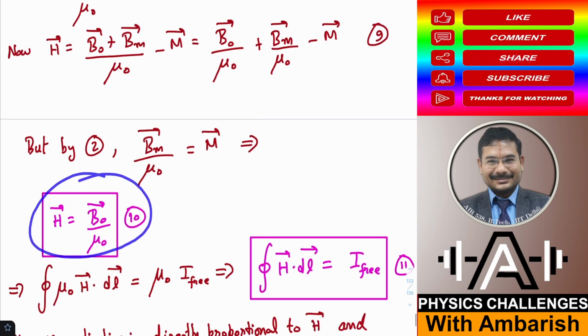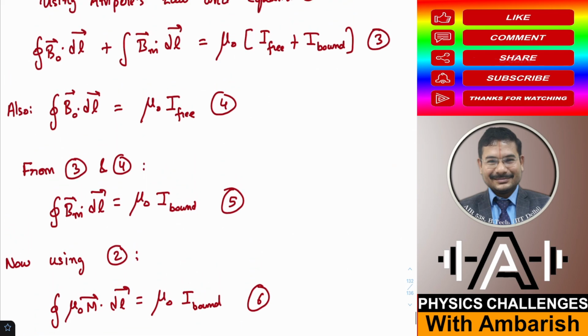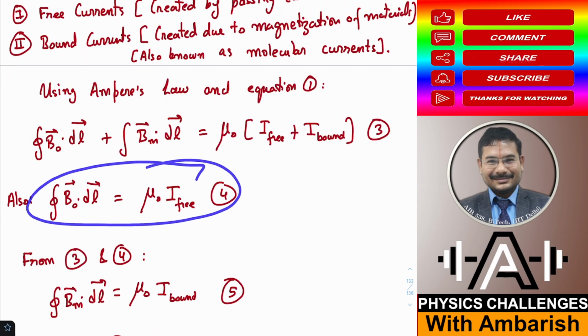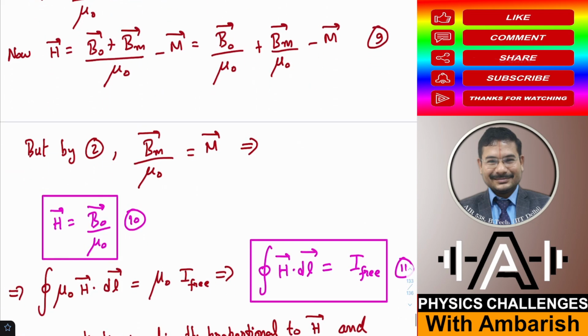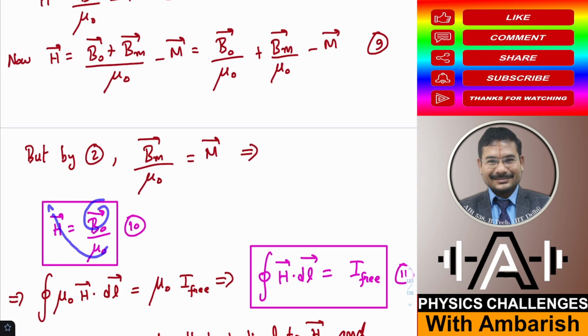Now, integral B dot dl, based on this, I can write as integral of mu naught times H dot dl. See, integral B naught dot dl was mu naught times I free, and B naught can be written as mu naught times H, so that's what I have written.